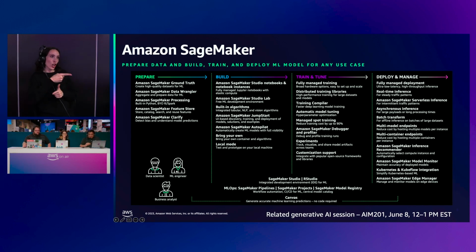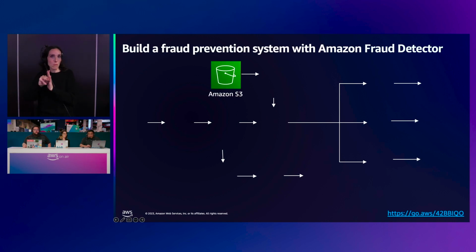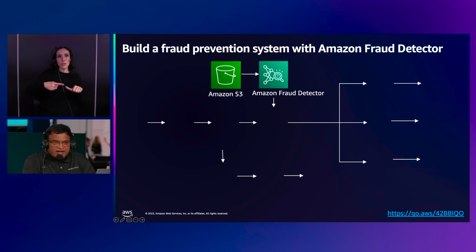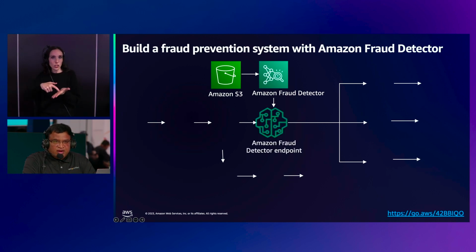Yes. Yeah, Amazon SageMaker, if you have a data scientist team along with the security engineers and security analysts, they can build their own fraud detection model. I'll walk through the architecture quickly. First, you put your training data in S3, and then with Amazon SageMaker you train the model, and then you have an endpoint.